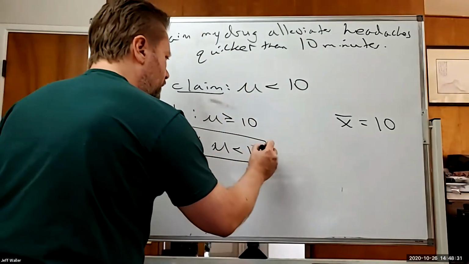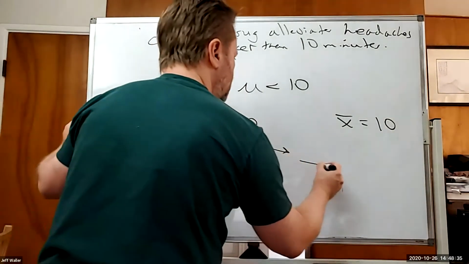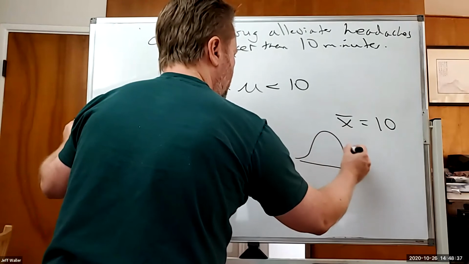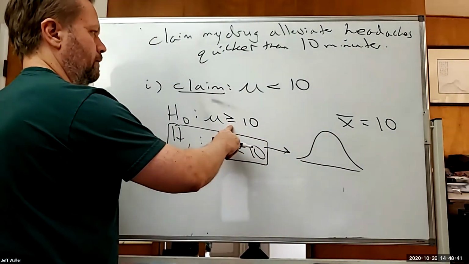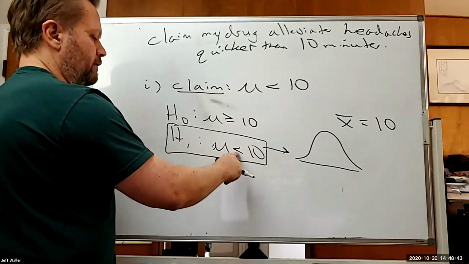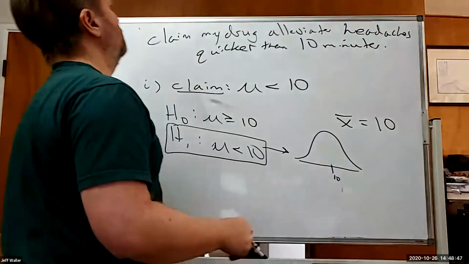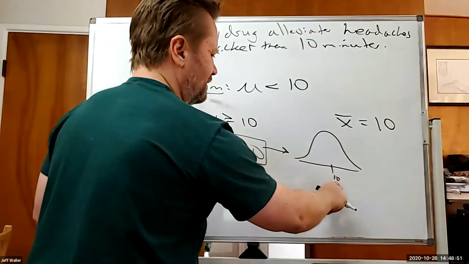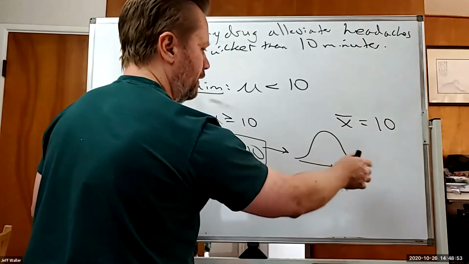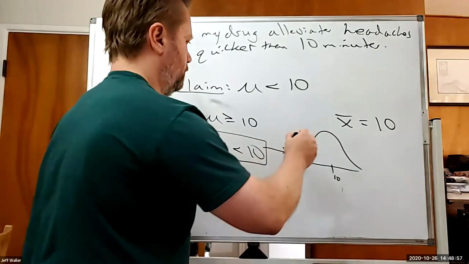So this is the one that's always going to set up where I can find evidence against it. If I want to show evidence that it's less than 10, that's different. Where would my sample have to show up to show evidence for that?